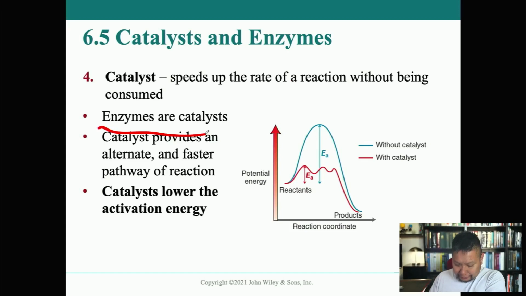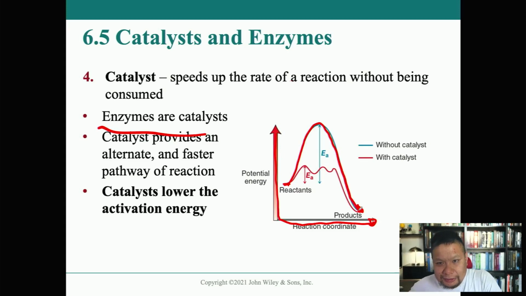So quite literally, here's another reaction coordinate diagram, and you had a reactant with a certain amount of potential energy, and its activation energy was super high, like this, and this is like the vast majority of your metabolic reactions.